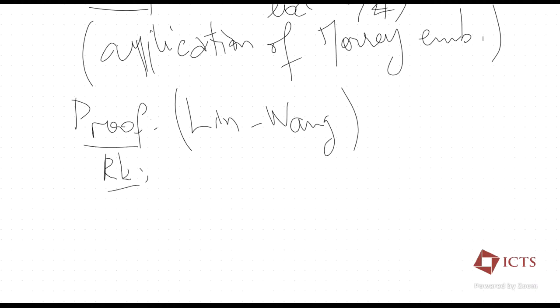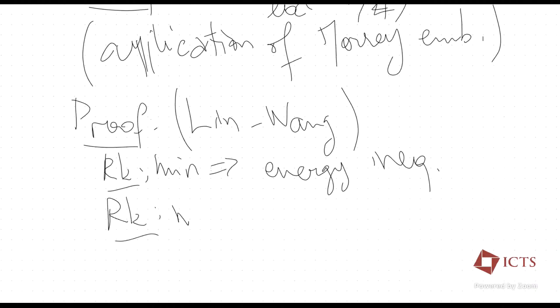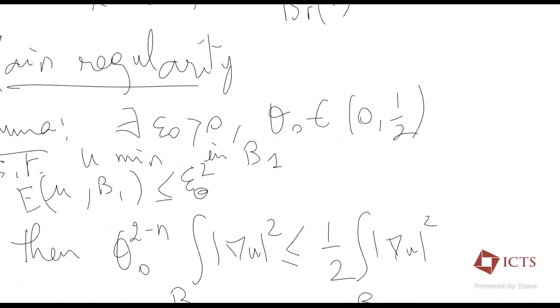So if you want to use the minimality property, you need to build competitors. The minimality property will always give you access to energy inequalities of Caccioppoli type. The second remark is that we also have monotonicity of the energy. What is the consequence of the monotonicity?